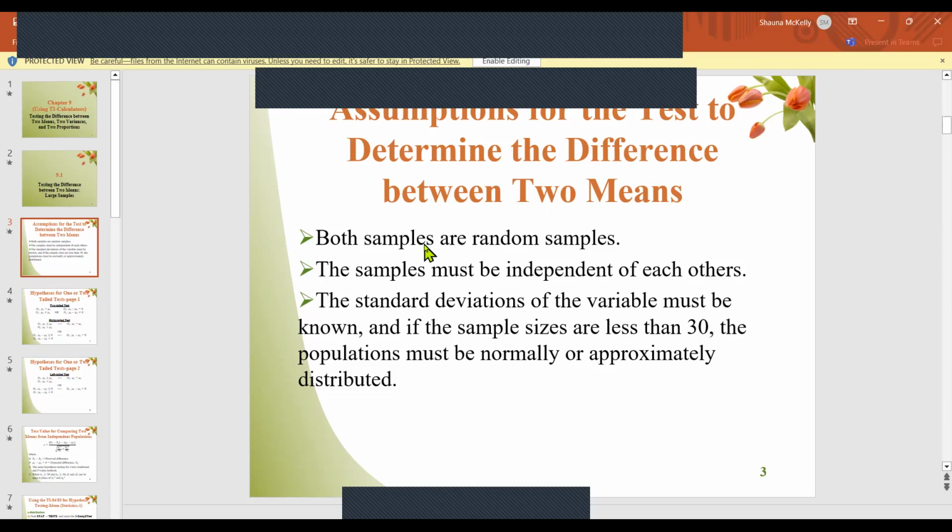We're not doing a t-test for 2 samples. We're only doing the z-test. For those of you watching this later and wondering, that's one of the sections we skip, the t-test.